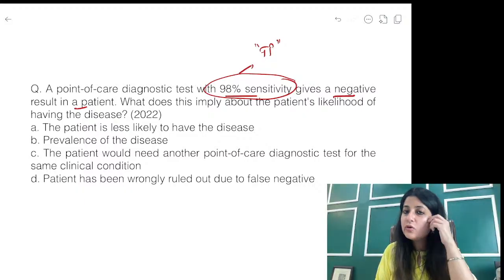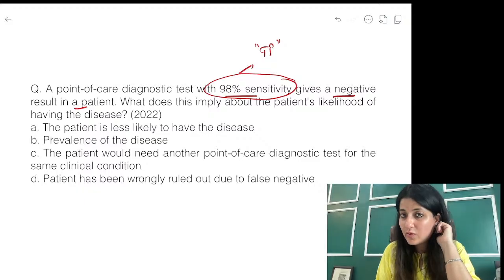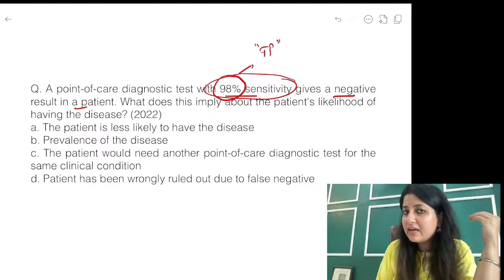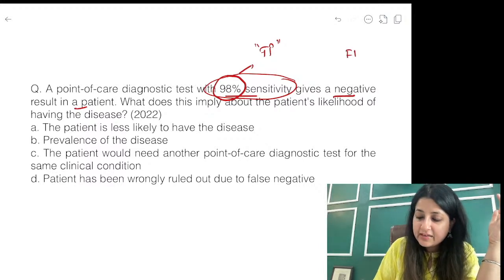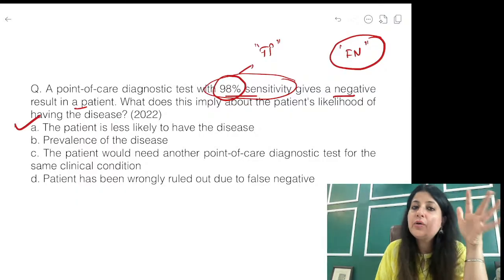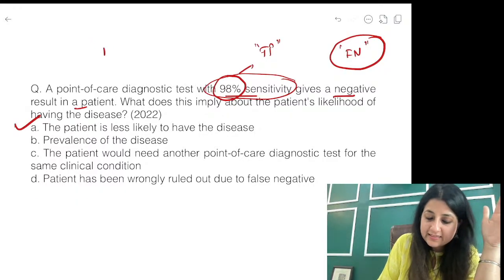Patient has been wrongly ruled out at false negative. No. Now see, we don't need another test. The test is 98% sensitive. So if somebody comes out to be negative, high chance है कि वो क्या है, false negative. So the patient is less likely to have the disease. See, what was sensitivity? TP plus FN.